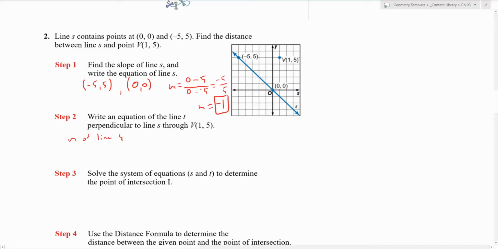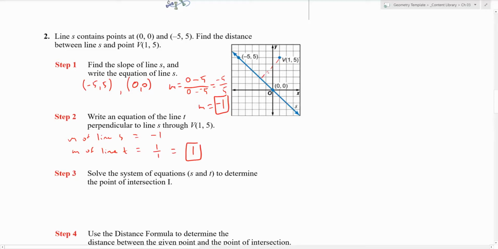M of line S equals -1. M of line T, which we have yet to draw, is the negative reciprocal of line S. So that's just going to be positive 1 over 1, which equals positive 1. So that's the slope of line T. Now we need to find the equation for line T. So it kind of looks like this.